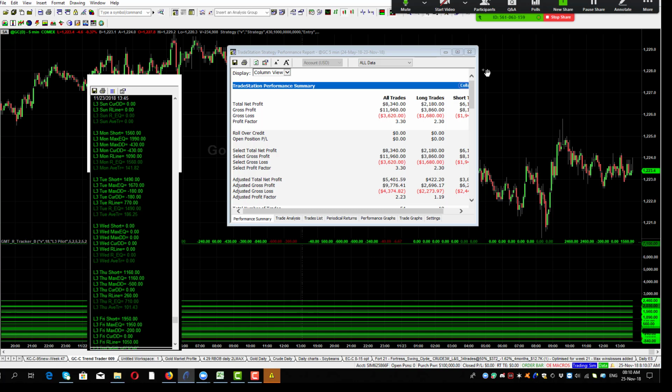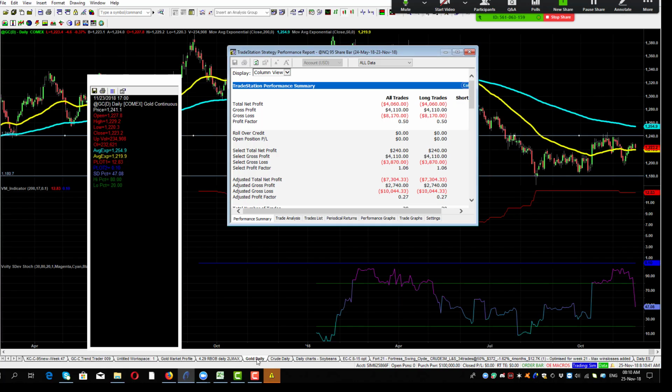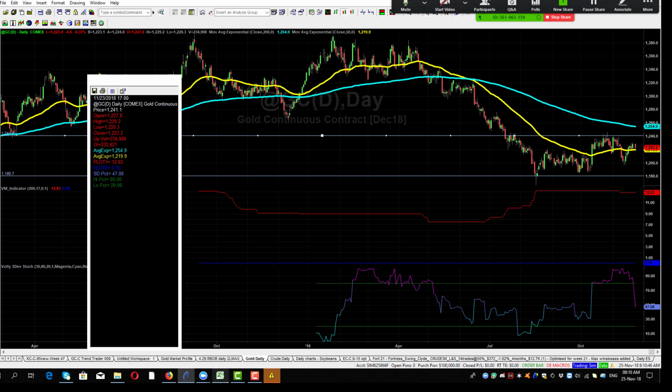But I want to make sure also that if I'm trading gold and I look at gold daily, that if I see a drop off in performance, which can happen obviously, I want to make sure that it's not because the volatility is dropping off or I'm getting tighter price action, and I don't have enough profit in the market. So I've got to keep an eye on that.